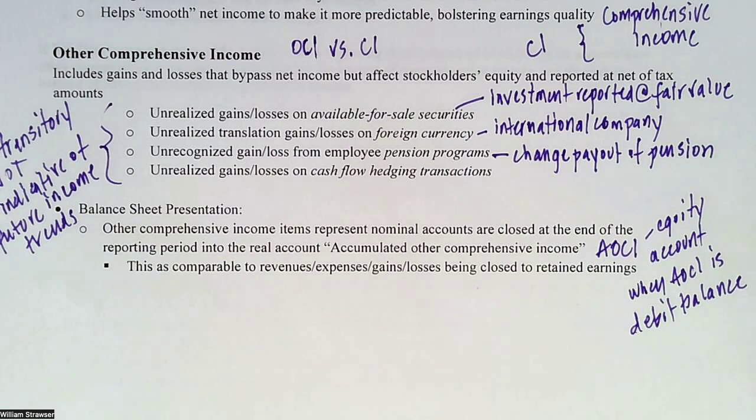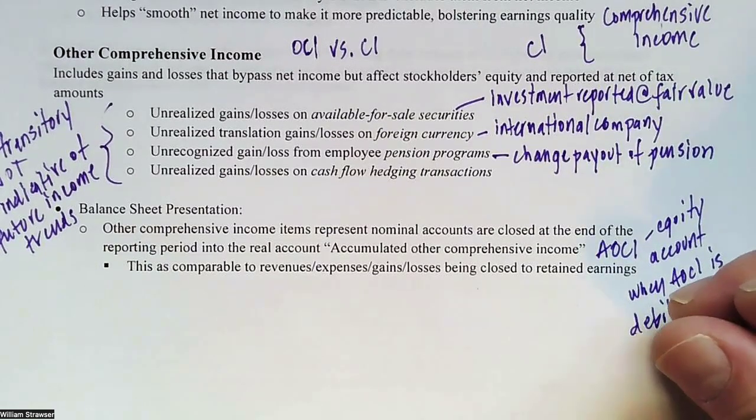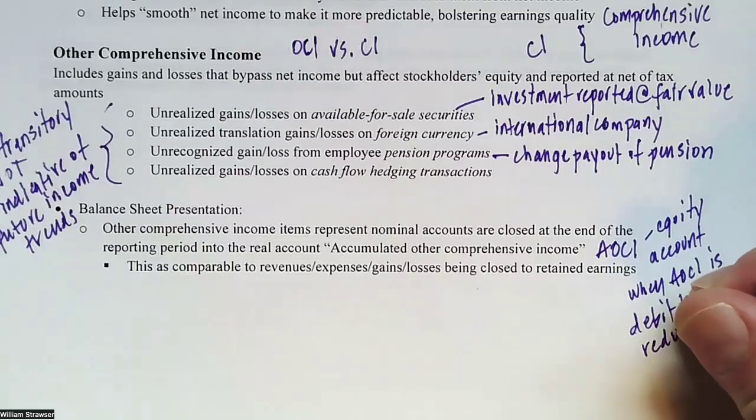And if you recall, most equity accounts, the normal ones, have credit balances, like common stock. Credits increase equity. So when it has a debit balance, it is reducing equity.